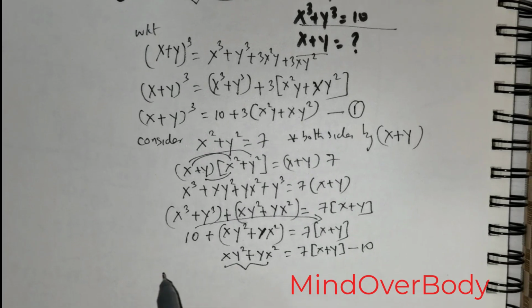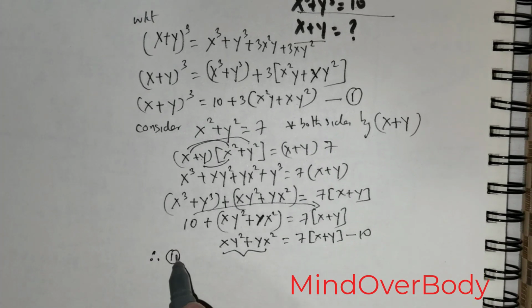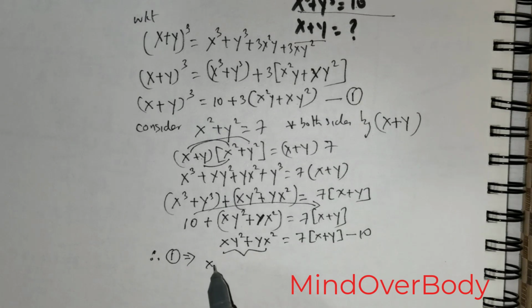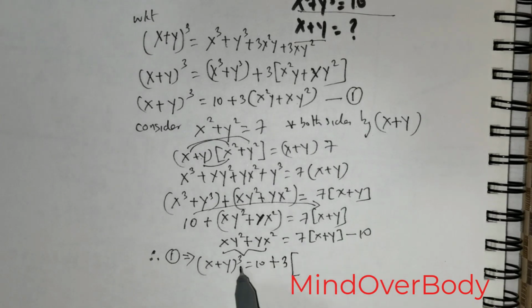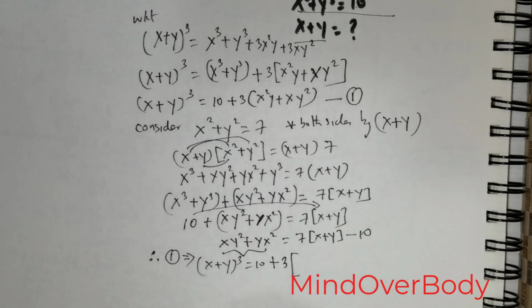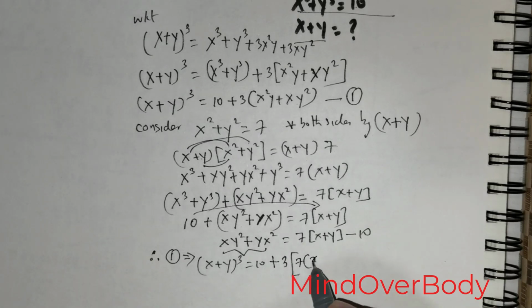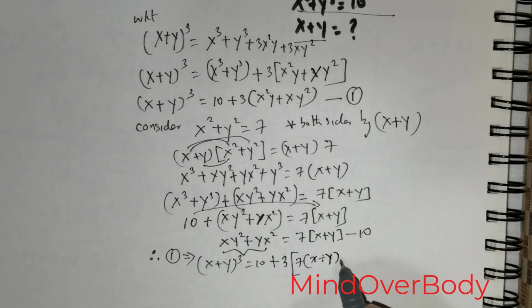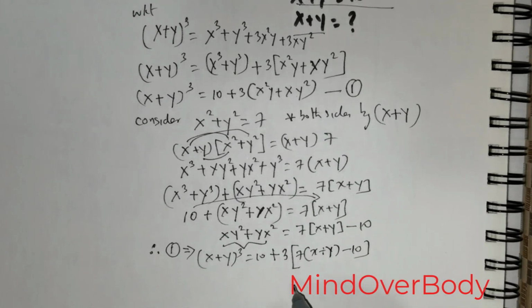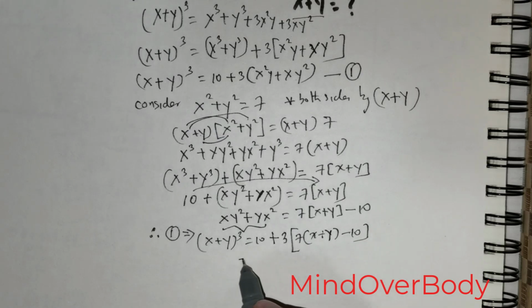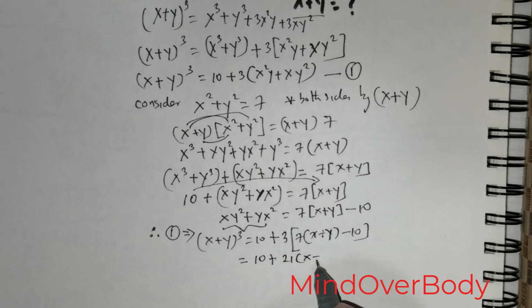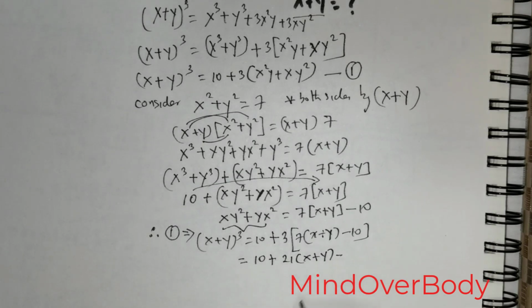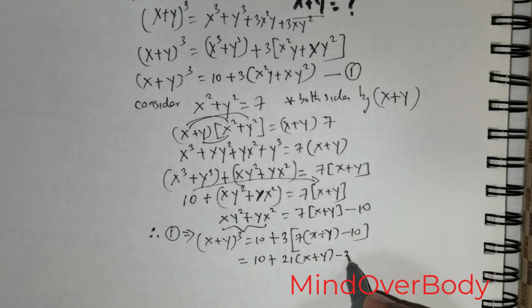So if I were to do that, equation 1 can now be rewritten as (x plus y) raised to the power 3 is equal to 10 plus 3 times, in place of x y squared plus y x squared, I'm going to substitute 7 times (x plus y) minus 10. Now by the distributive property I'm going to remove the parentheses, so that is going to give me 10 plus 7 times 3 is 21 of (x plus y) minus 3 times 10, that's going to be 30.